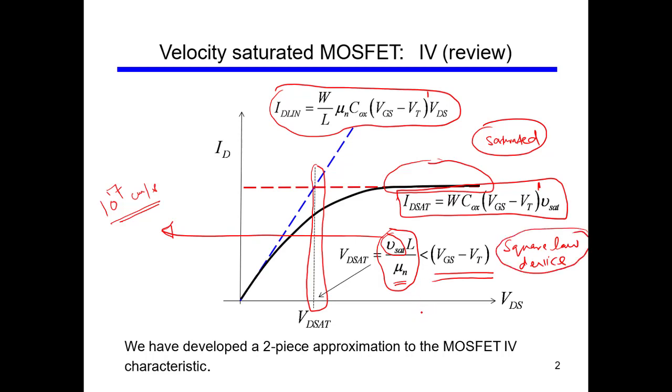What that means is that VD sat in the velocity saturated model is less than VGS minus VT. So if you have a square law device, you will have a higher saturation voltage.